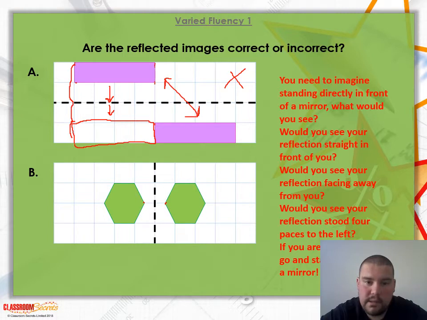So for this one here, you might need to go around each of the vertices and see if they are the same distance apart from the reflection line. See if it is exactly the same shape, because the shapes need to be the same, so it's reflected the same. Others of you might just be able to see, well, I can see that that is exactly the same. Okay, so for this question here, have a little look and see what you think for B.